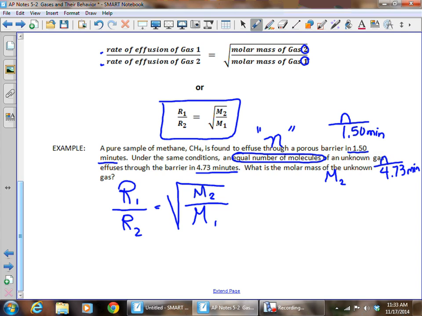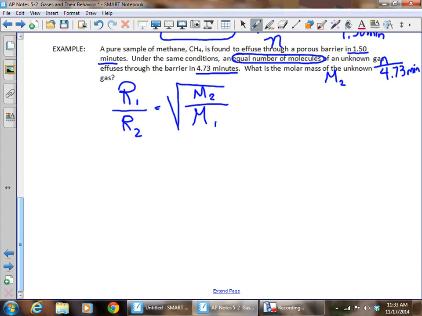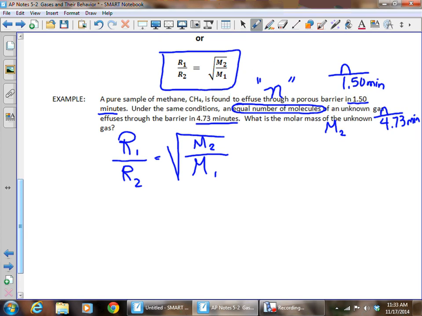So we're going to be able to put that into the equation. And let's look at how that plays out. I'm going to raise this up a little bit so that we can have a little more room to work.